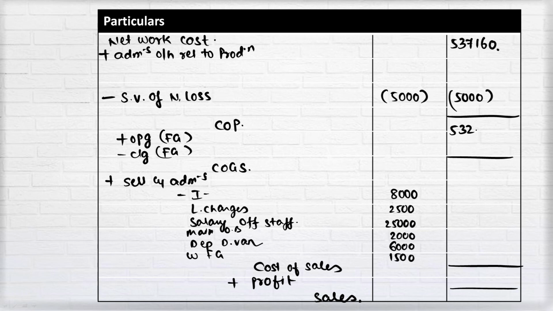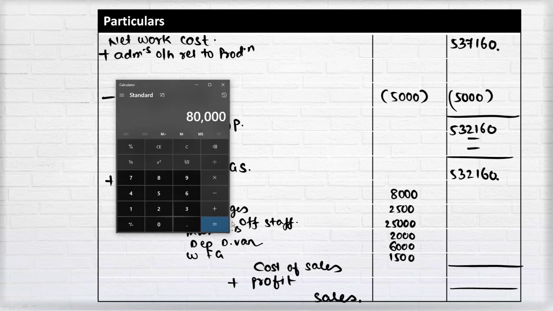This is 532,160. There is no opening or closing stock, so I am assuming all the units manufactured are sold. So this is 532,160. I am adding selling overheads, which are 8,000 plus 2,500 plus 25,000 plus 2,000 plus 6,000 plus 1,500, 45,000.